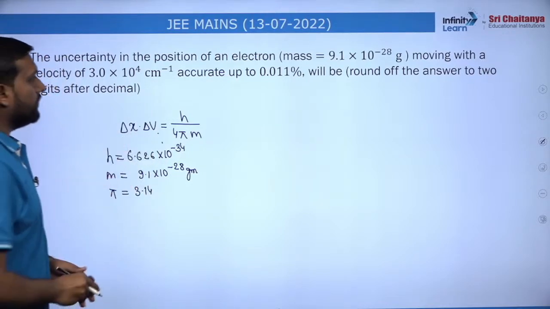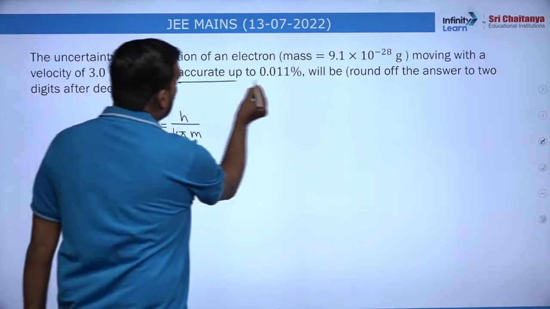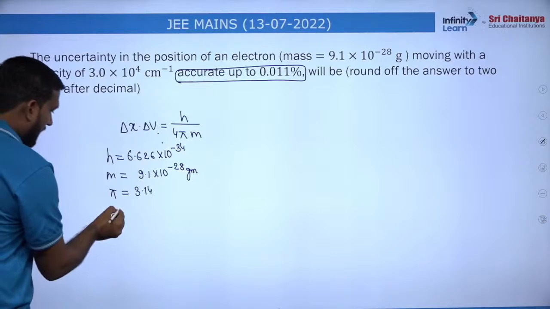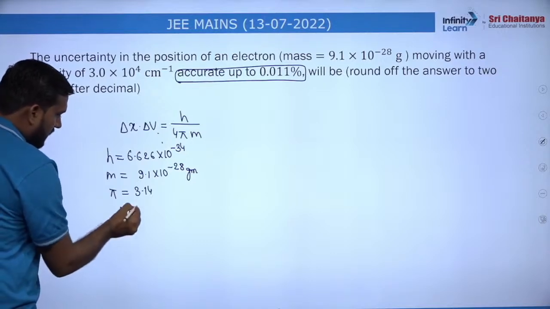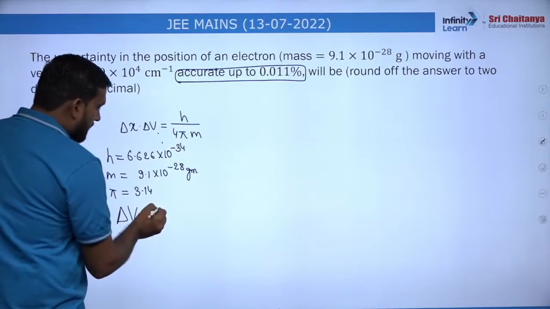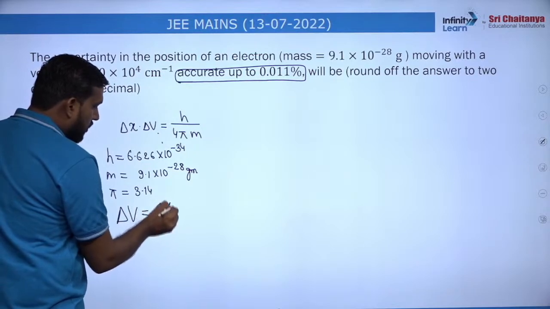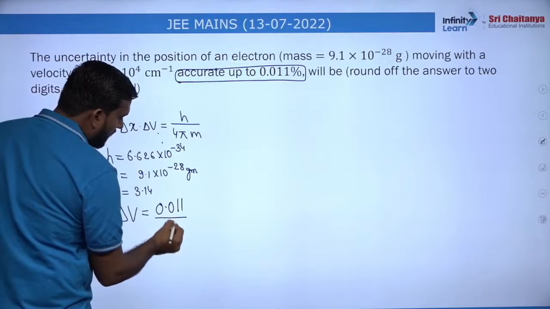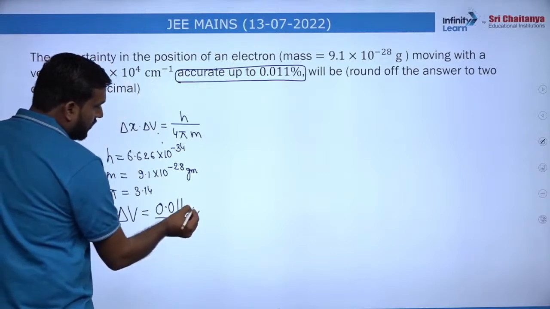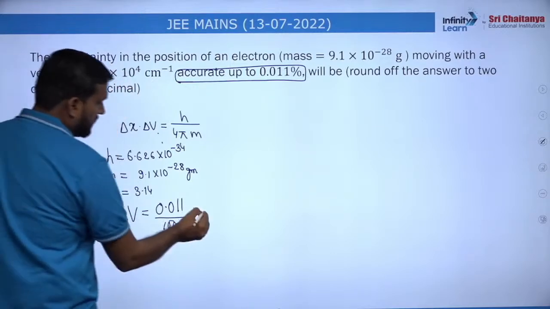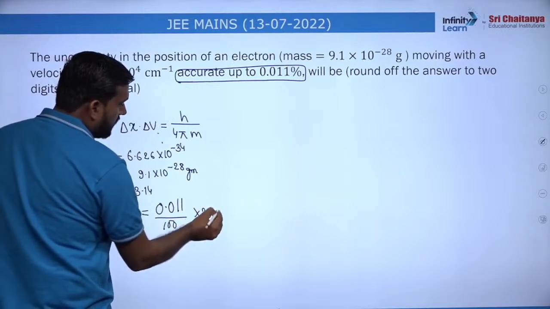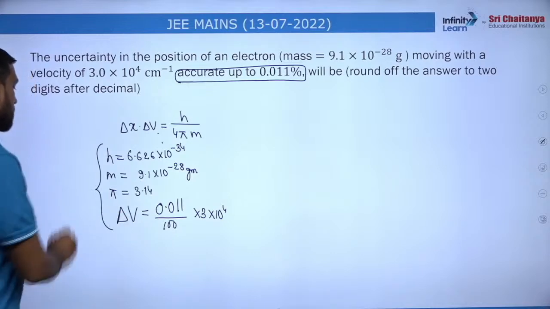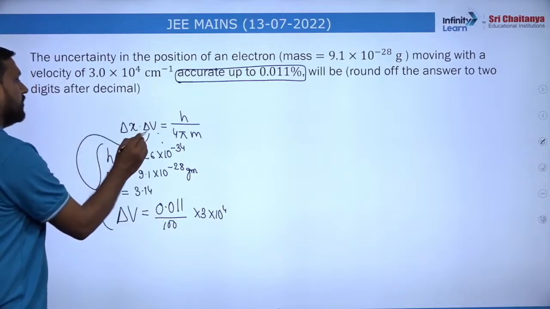Next is delta v, which is only accurate up to this. So the uncertainty in delta v is equal to 0.011 upon 100. I am converting the percentage into a value using the velocity given in the question, which is 3 into 10 to the power 4.